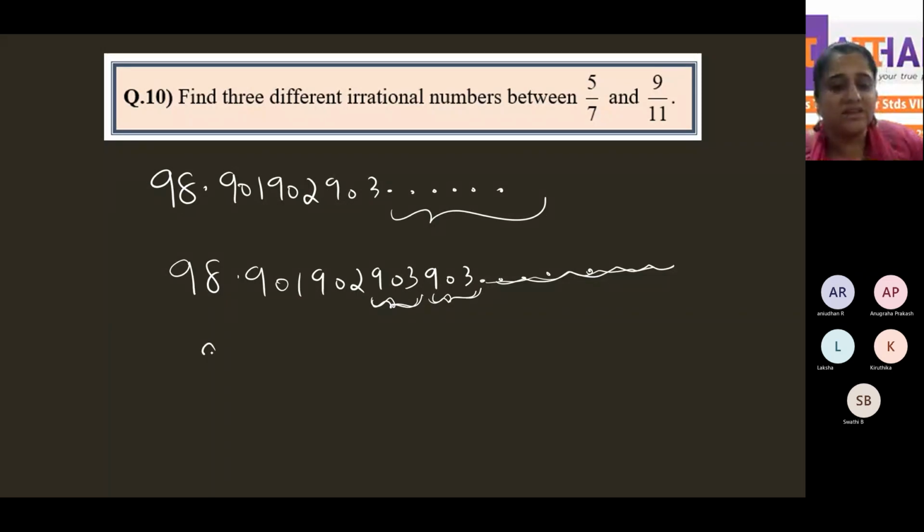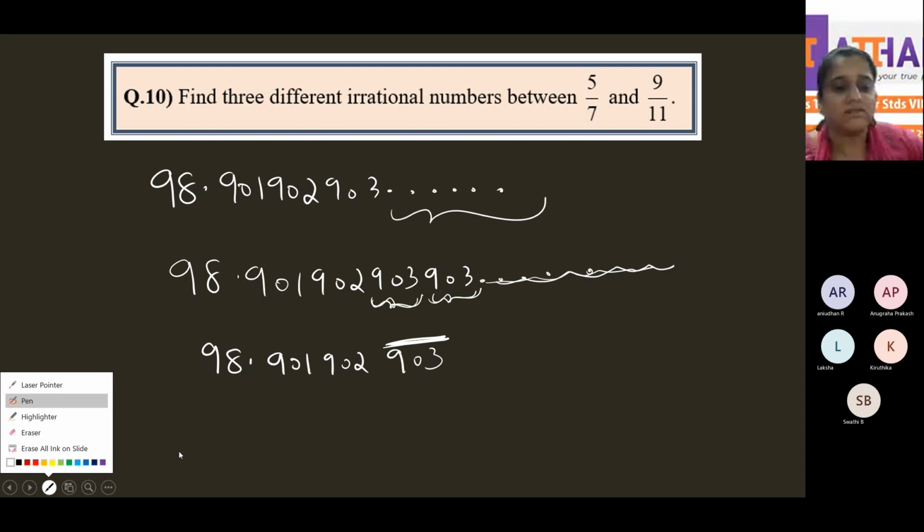How do you write this? 98.901, 902, and 903 recurring. That alone is recurring. You cannot put a bar on the whole thing.